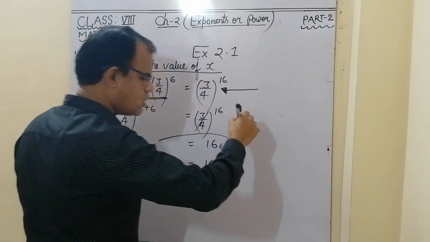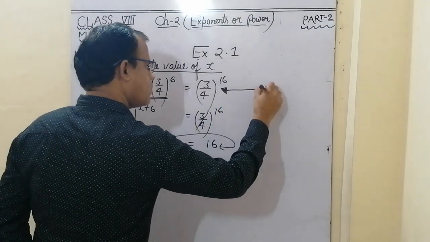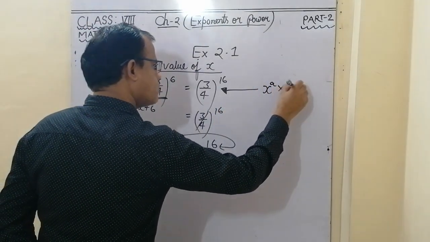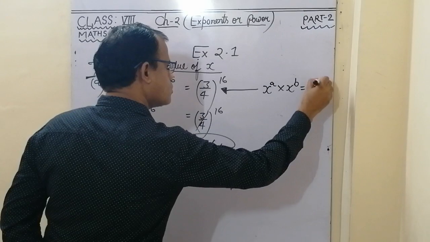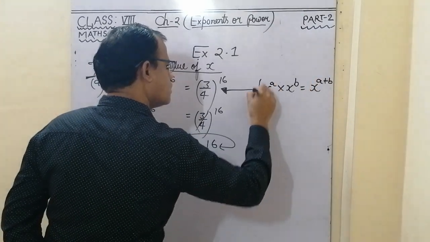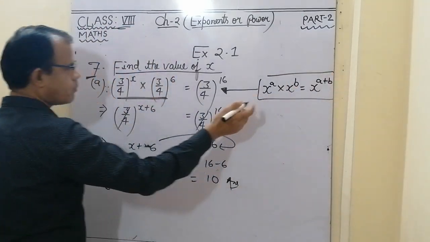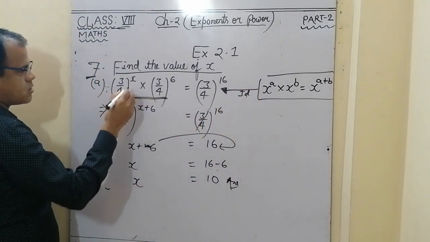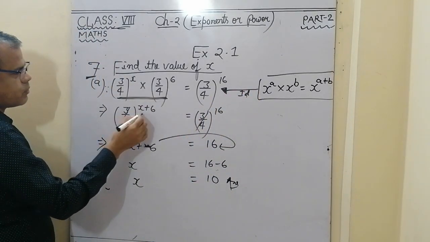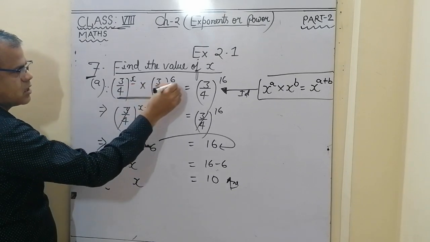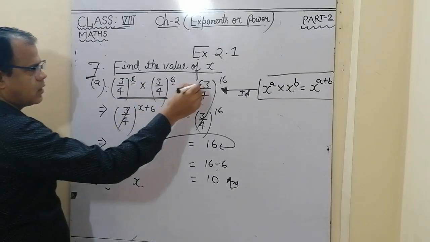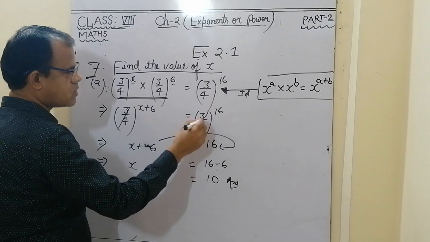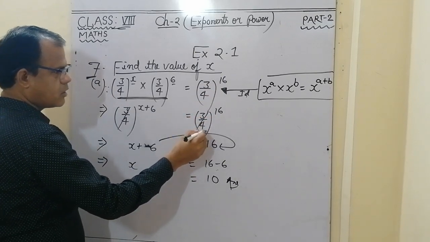The identity is x^a multiplied by x^b equals x^(a+b). After applying this identity, we write (3/4)^(x+6). This power we add here, and this is (3/4)^16 right here.